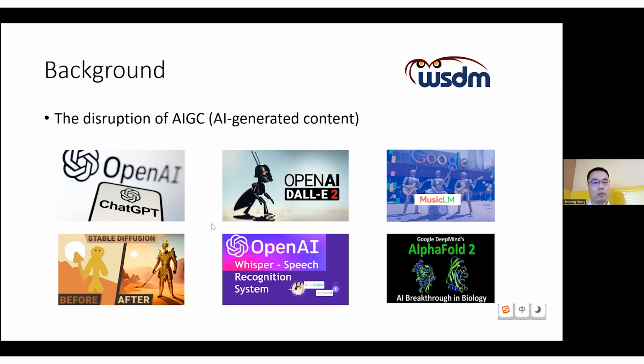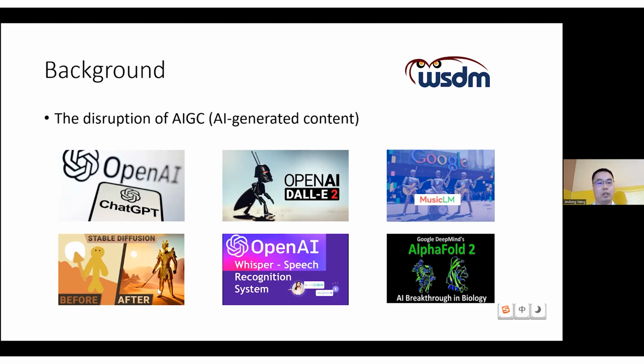And there are also other advances. Another one from OpenAI is Whisper, a speech recognition system powered by large foundation models, and this one is actually very useful. You can use it simply in Google's Colab, which is very convenient.